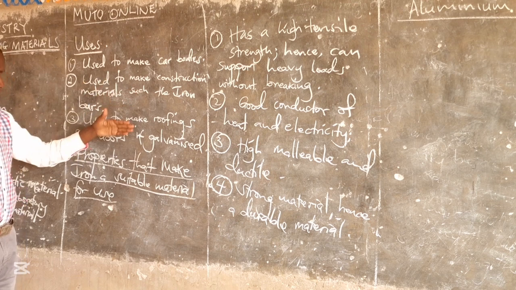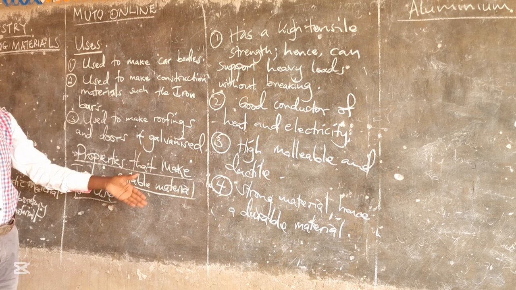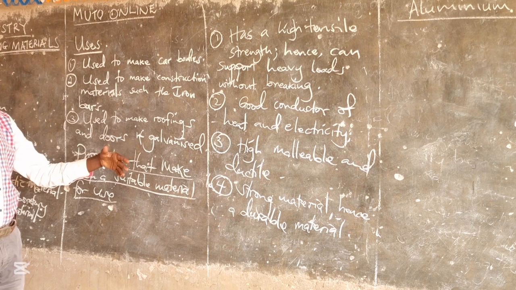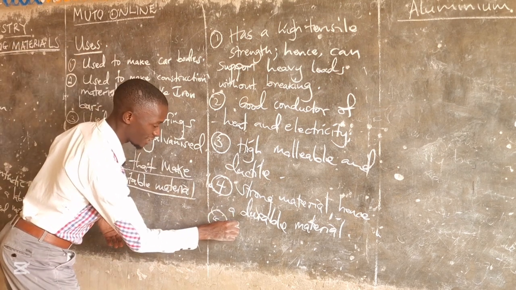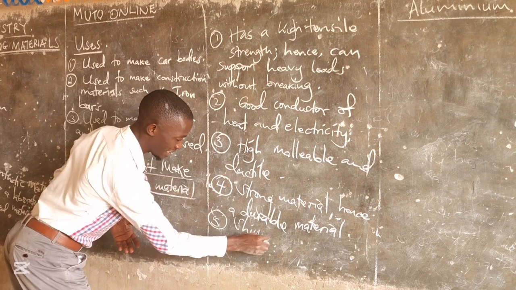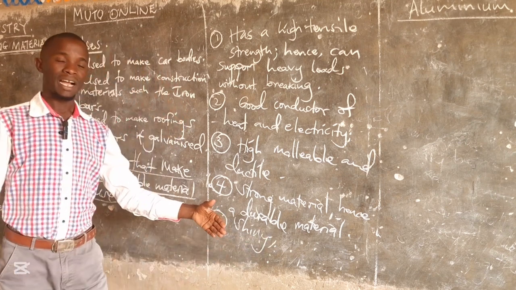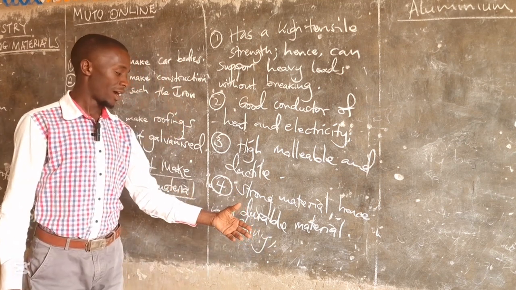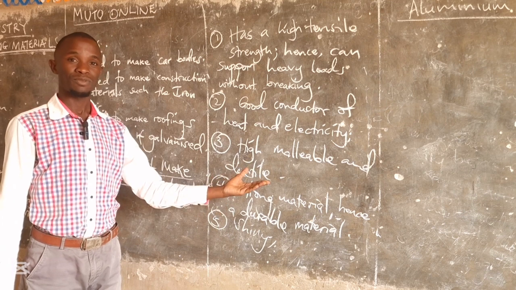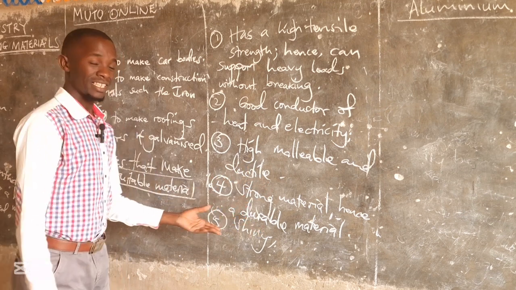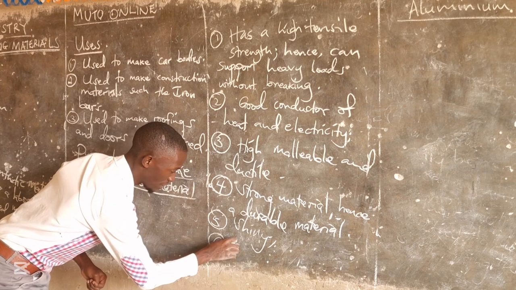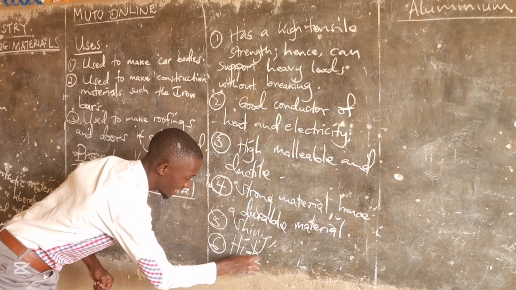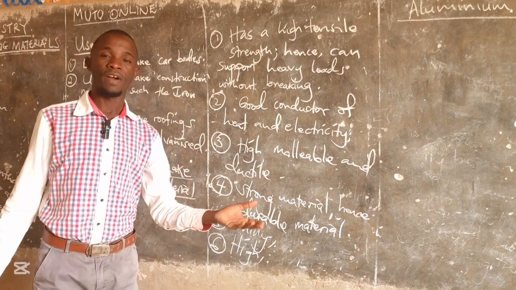Still, as you're giving the properties, you can give more. These are not the only ones. You remember we said metals are shiny. You can add it: shiny, hence making attractive or nice looking products. You can talk about other properties like high melting point, hence resists fire.